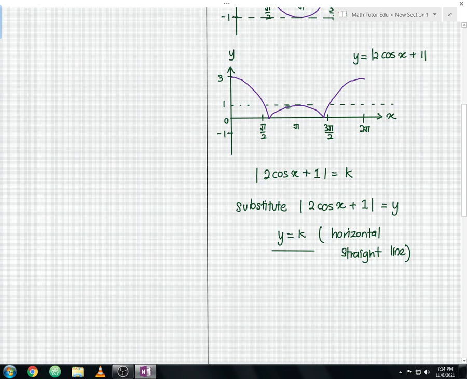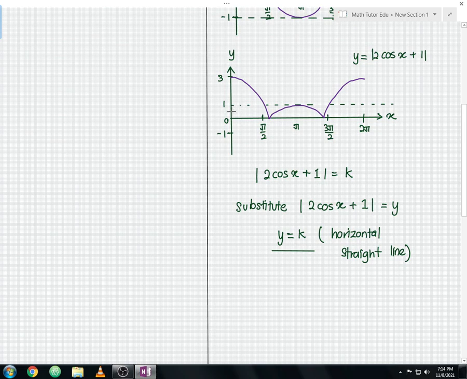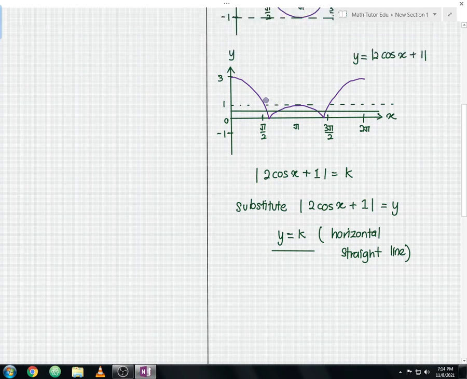If you are still not convinced, let me show you one simple example. Let's say you take y equals 1 over 2, and you draw a straight line over here. Let me mark the intersections. You have 1, 2, 3, and 4.